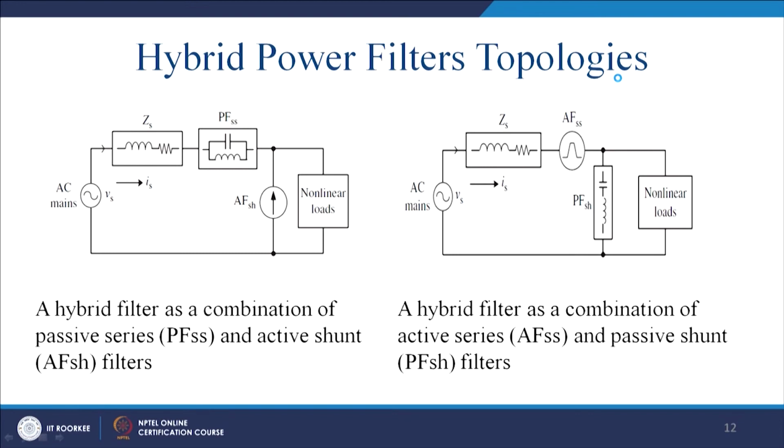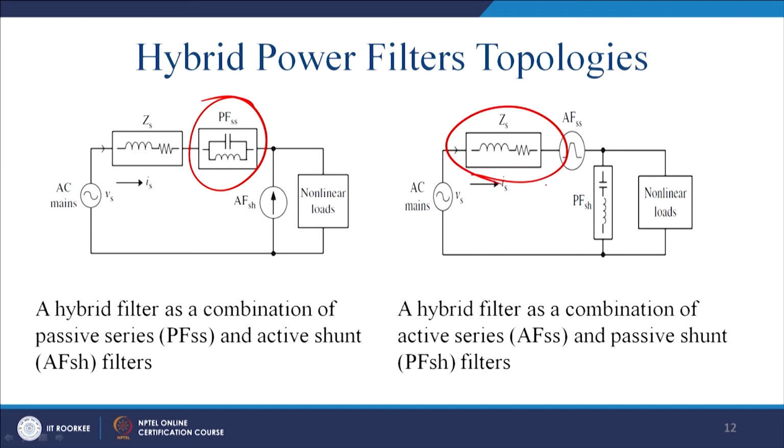Now, you have a series passive filter and shunt active filter, they are connected like this. This topology is said to be the hybrid filter as a combination of the passive series and the active shunt filter.